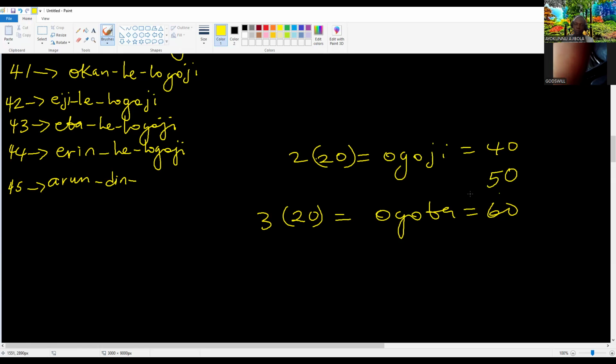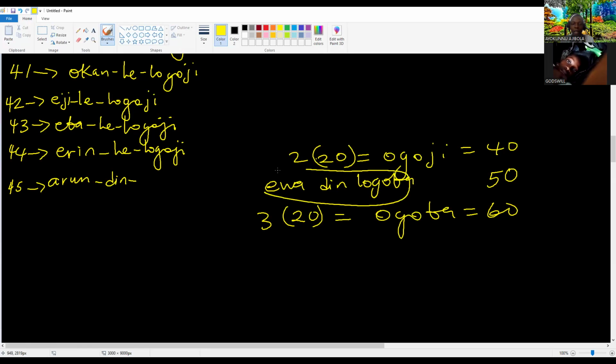Yes, sir. So that is Ewa from Ogota, right? Ewa din logota, that is 10 away from Ogota. Instead of saying Ewa din logota, we now call it Aadota.